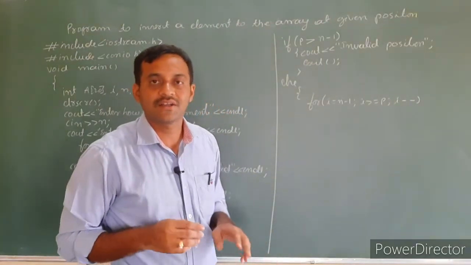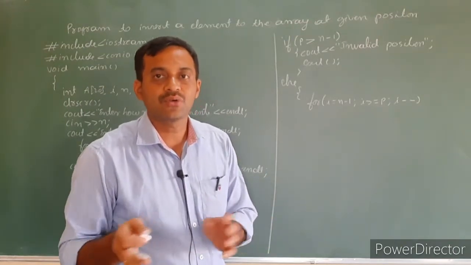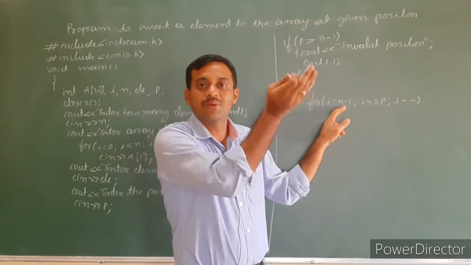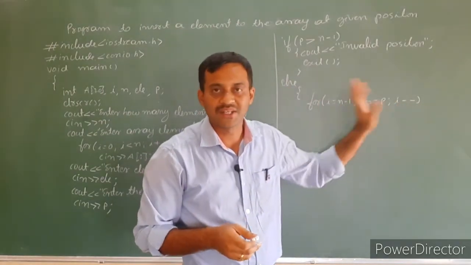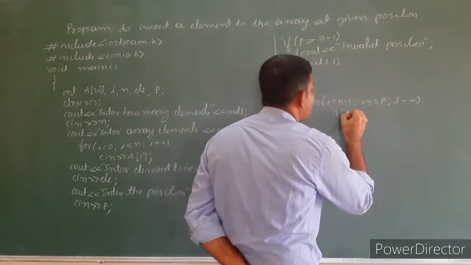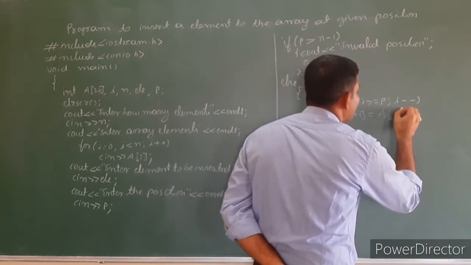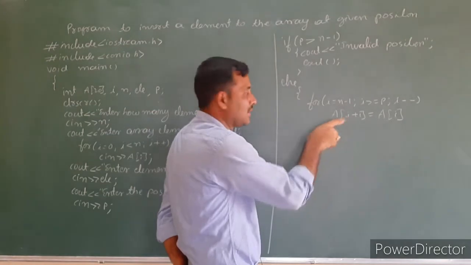That is what we wrote in the algorithm, n minus 1 down to p. We start from the last position to the given position. Hence i minus minus. For this we assign a of i plus 1 equal to a of i value. The i value is assigned to the i plus 1 position.